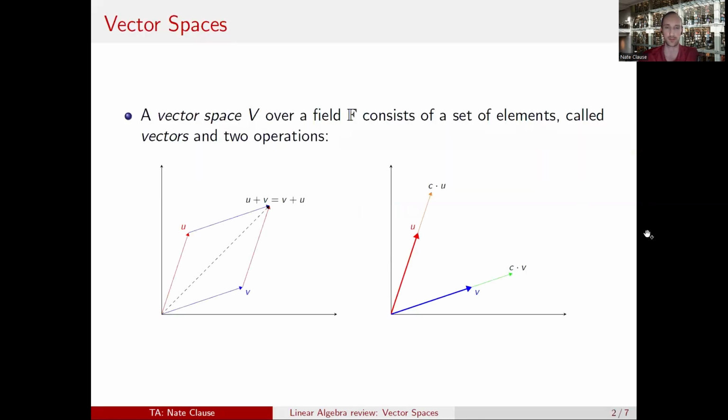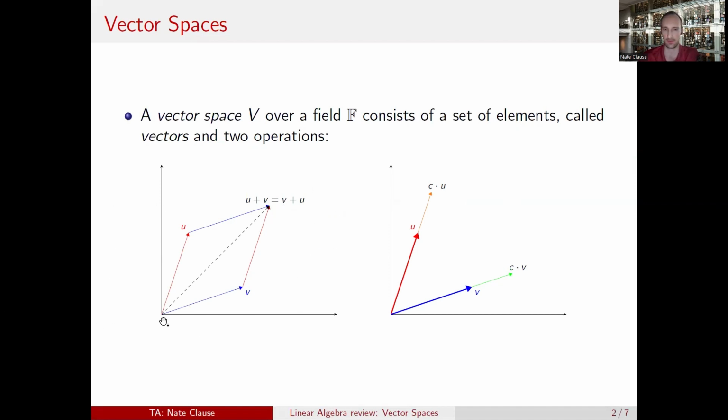So what is a vector space? Well, a vector space is a set V over some field F, which has elements that we call vectors. And there are two operations. There's addition of vectors, and there's scalar multiplication between a scalar from our field and a vector. We see that visualized here.